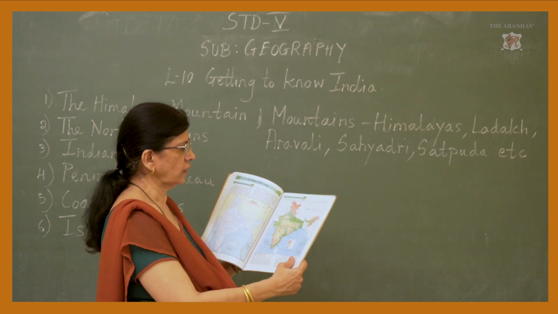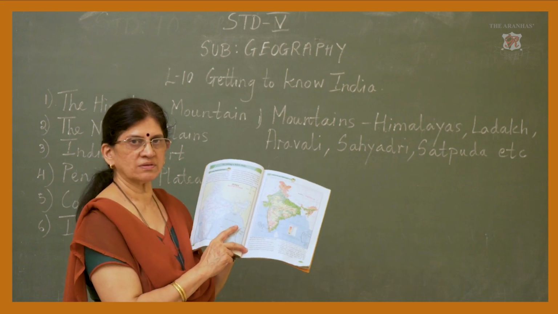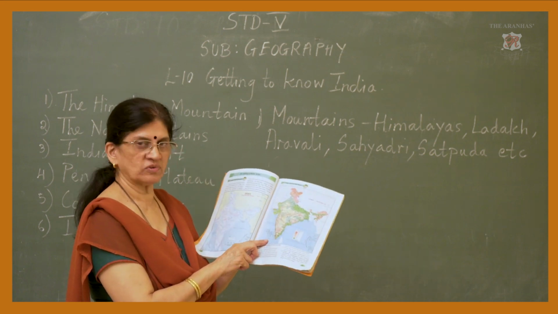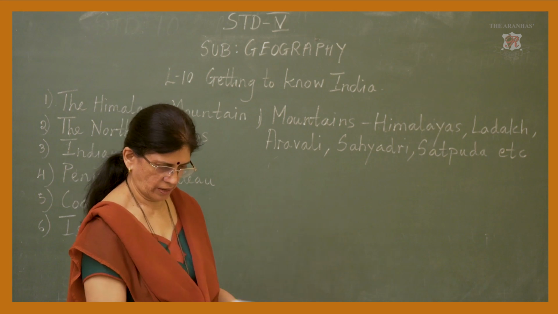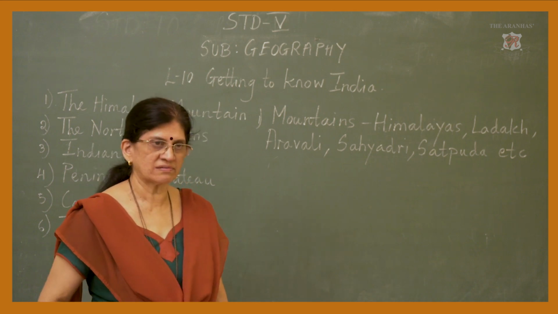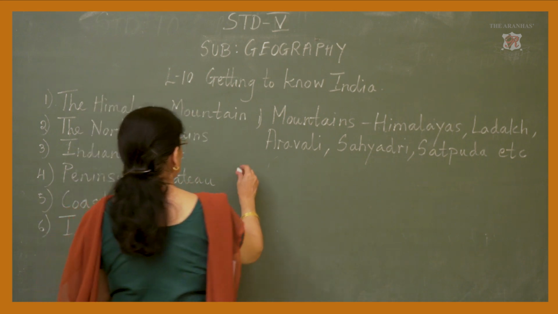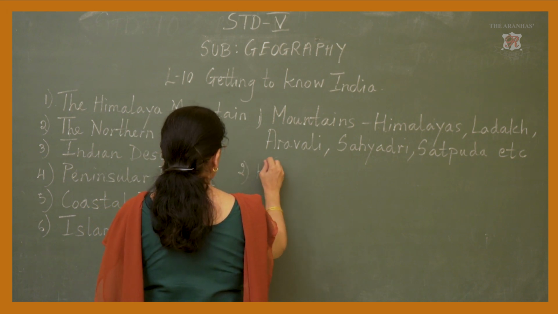If you look carefully, you will find all the mountains in this map, which is a physical map of India. Then the hills.